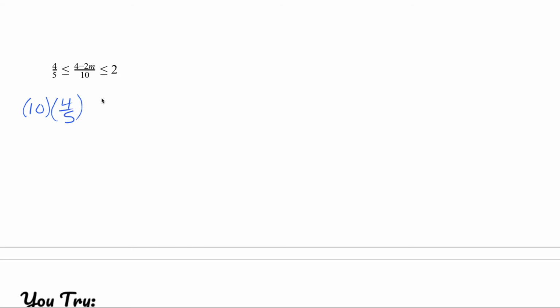So 4/5 by 10. We're going to multiply the middle part by 10, and also the 2 by 10. Even though it doesn't have a fraction, it still has to be multiplied by 10 because we're multiplying all 3 parts by 10. So when I do that, 4/5 times 10, 5 goes into 10 twice, so 2 times 4 is 8.